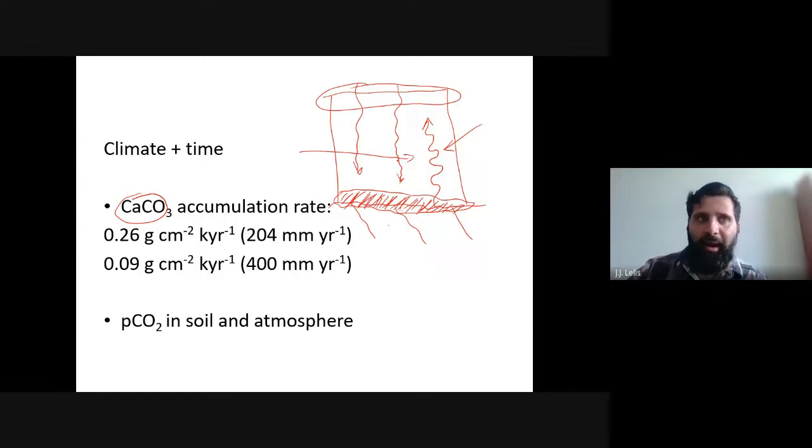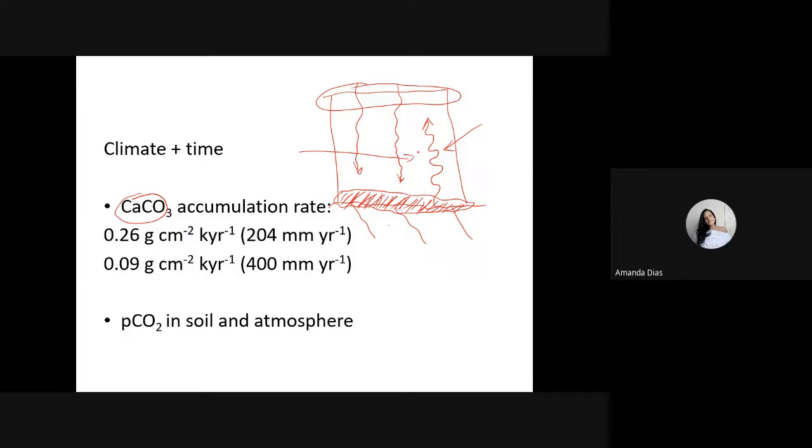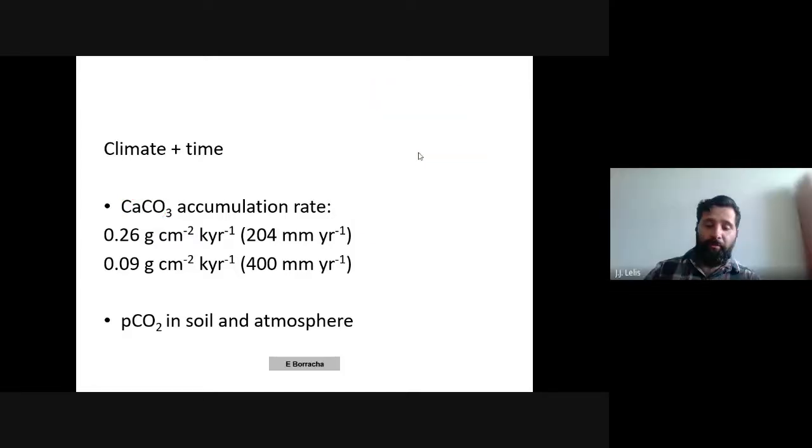And the drier the climate, the less water content you have in soil, the faster and higher the content of calcium carbonate that will be precipitated here. Okay, teacher. So it's not only about the solution, but especially the precipitation of these materials.